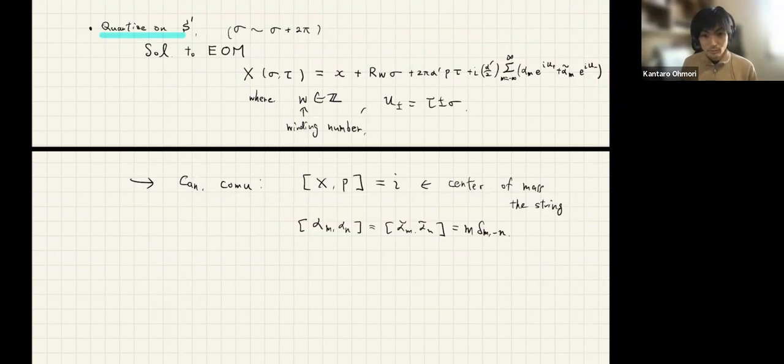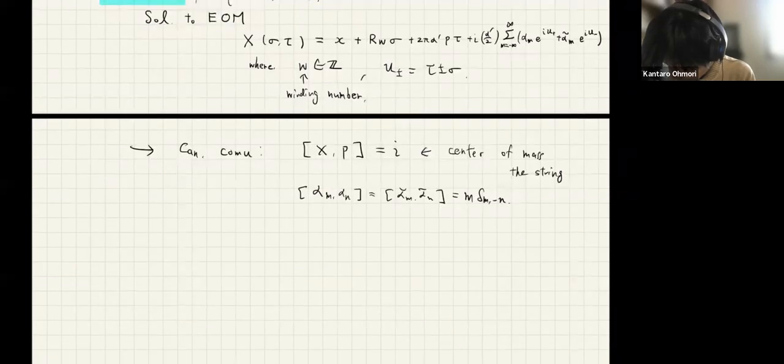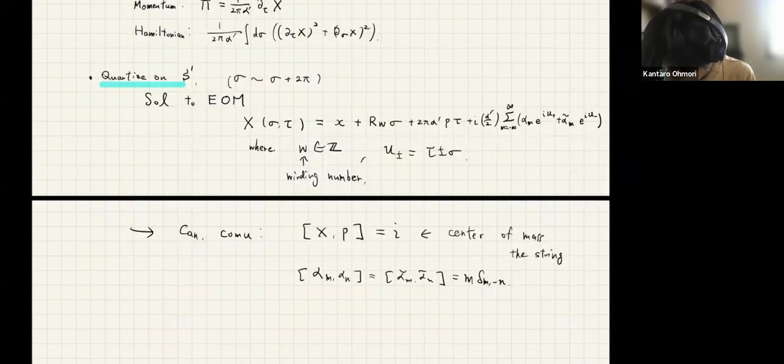Okay, so this is the scalar field theory. So what to do? Here in the general solution to the equations of motion, we have some integer.